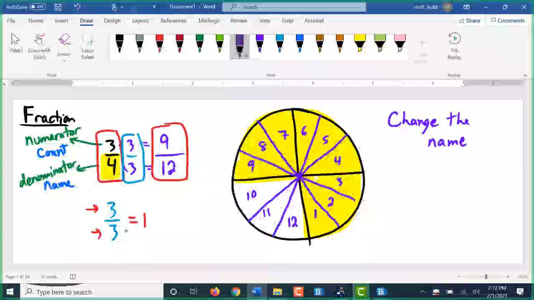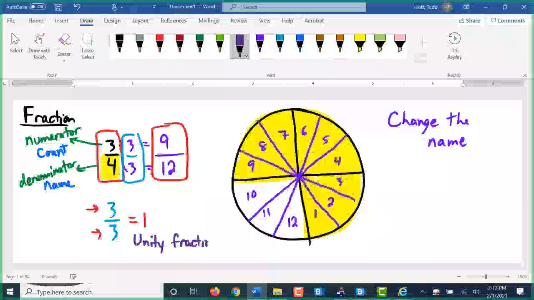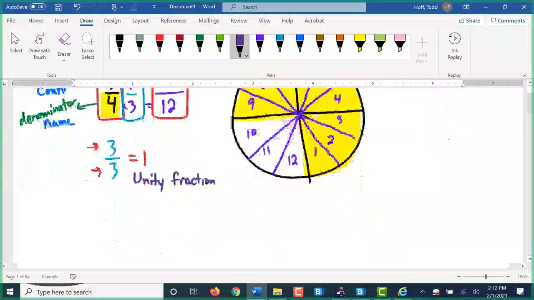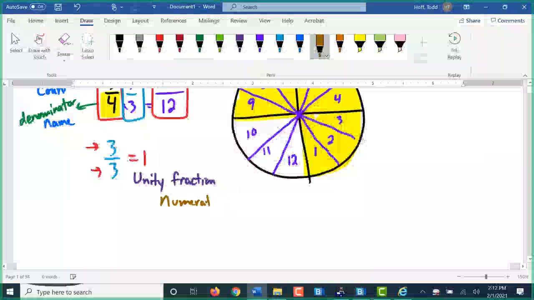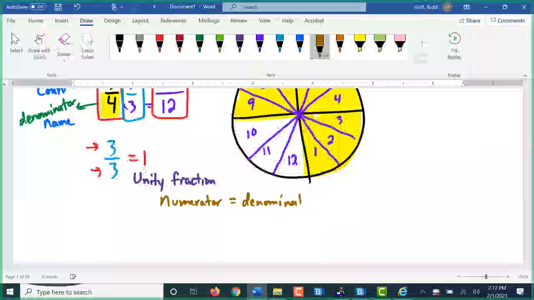That is what in math is called a unity fraction. A unity fraction just means the numerator is equal to the denominator.